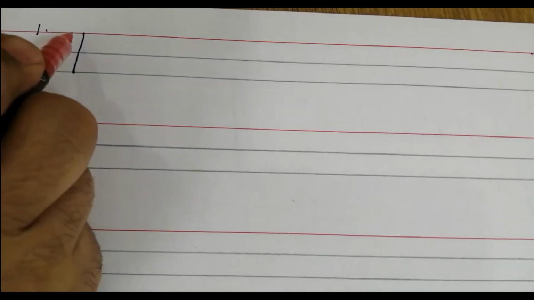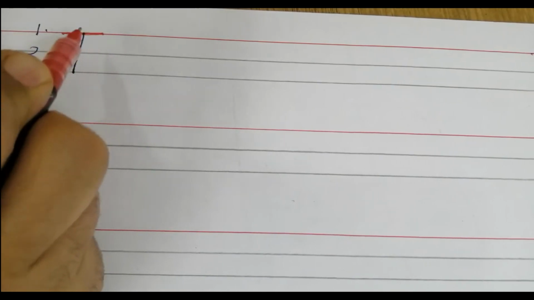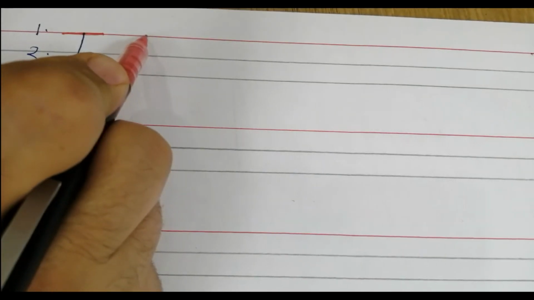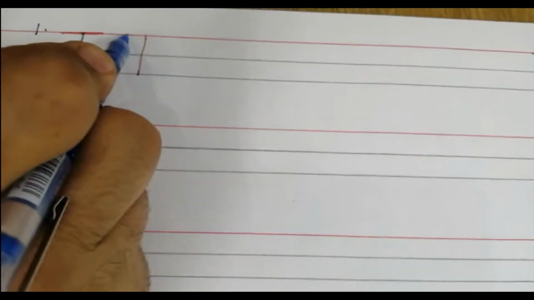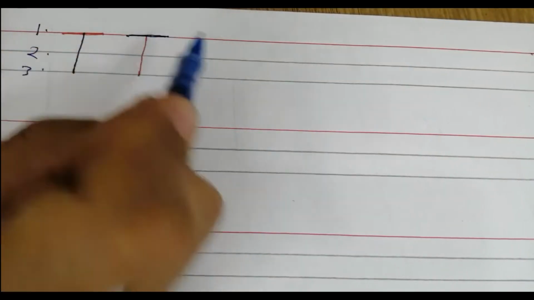And a sleeping line on line number 1. Okay, we can just change the color. Okay, a falling line from line number 1 to line number 3. And a sleeping line on line number 1. Very simple.